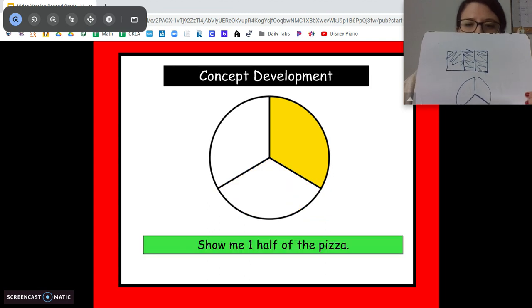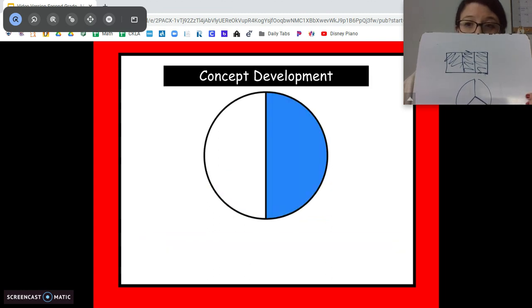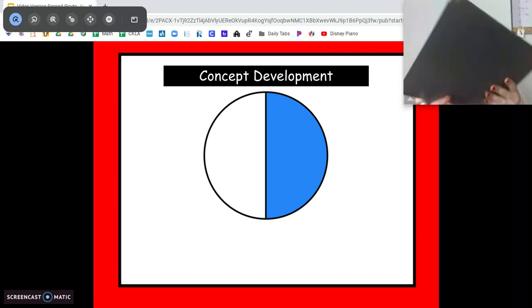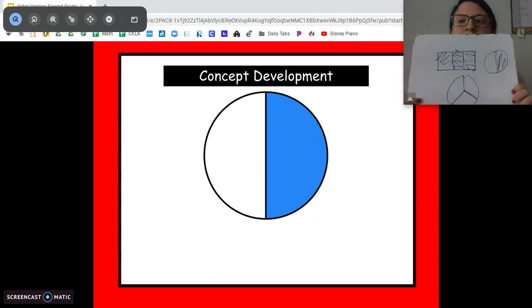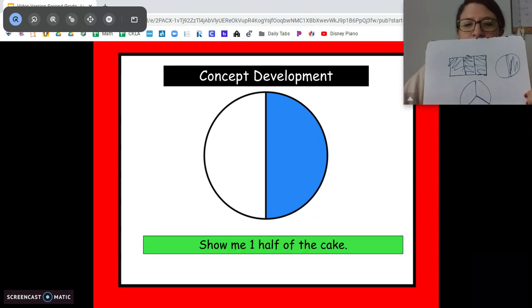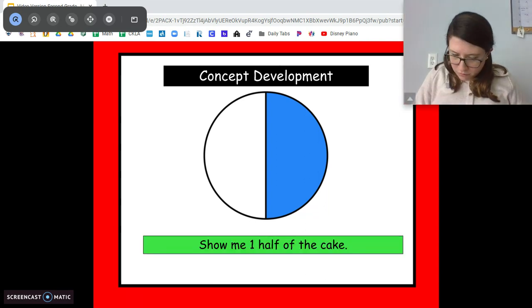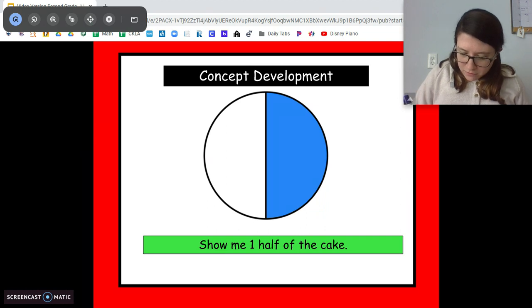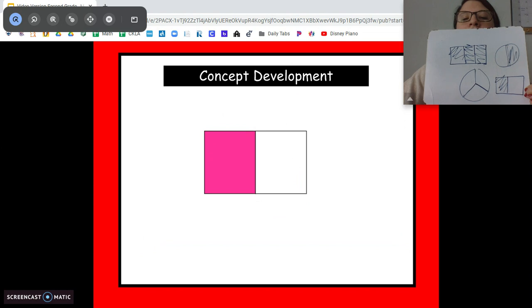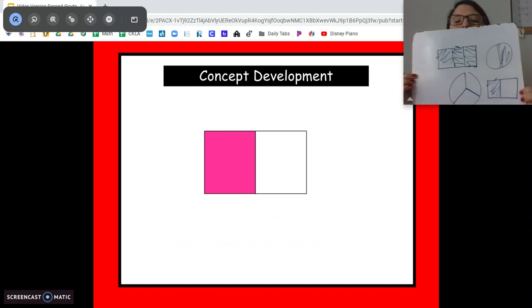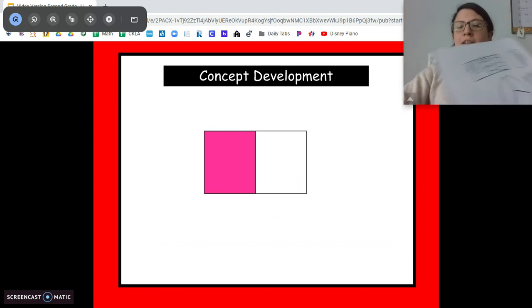Show me 1/3. Now changed on us. Oh man, I gotta draw another pizza. 1/2 of my pizza. All right, draw a cake. Whew, this goes fast. 1/2 of a cake. Yeah. We did it! So we have thirds and halves and fourths.